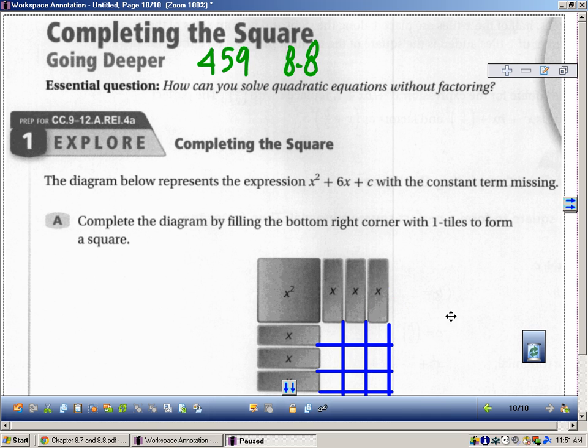That's close enough for me. So they almost look like perfect squares. A little off, but that's okay. So those are my other squares that we're missing, the 1 by 1 tiles.